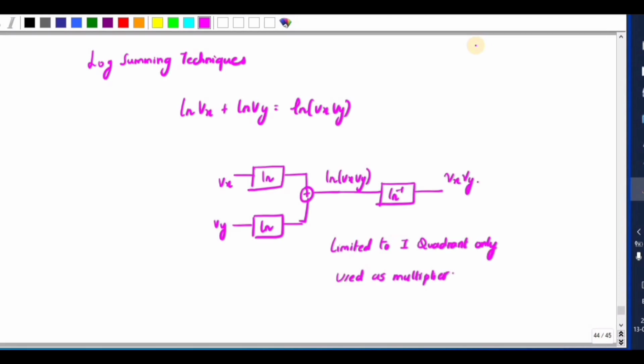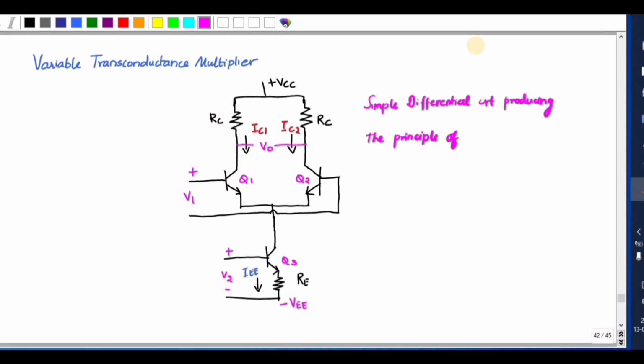The next one is the variable transconductance multiplier. This is the circuit diagram of the variable transconductance multiplier. It is basically a simple differential circuit producing the principle of the variable transconductance technique multiplier.